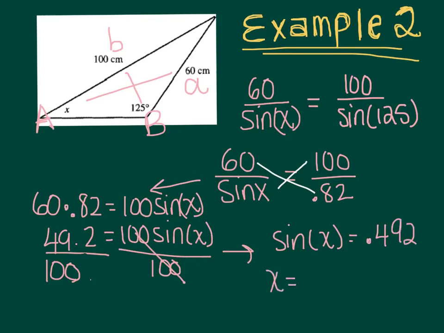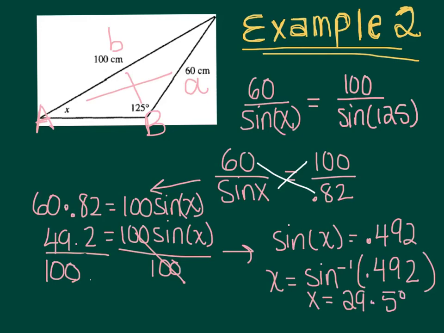Now remember, when you know the sine and you're looking for the angle, you need to use the inverse sine. So I'm going to do second sine, which will give me the inverse sine of 0.492, which makes x equal to 29.5 degrees. And now I'm all done.